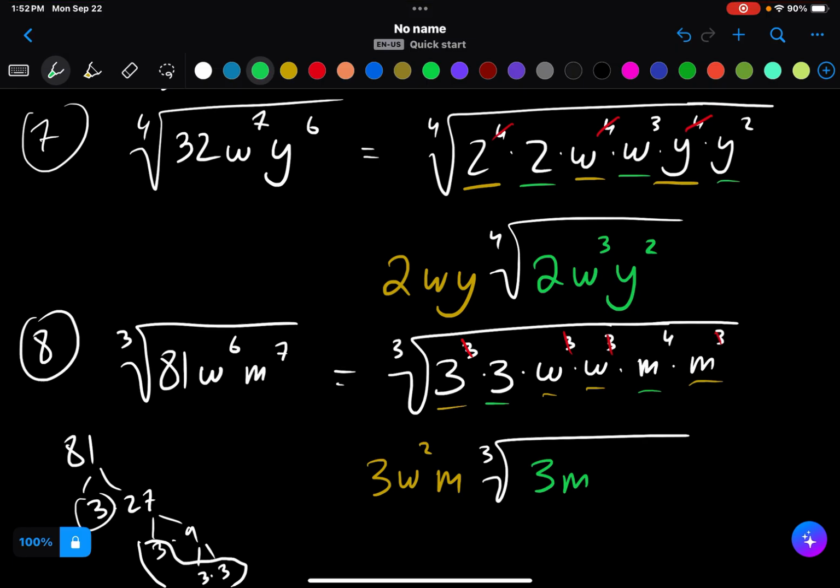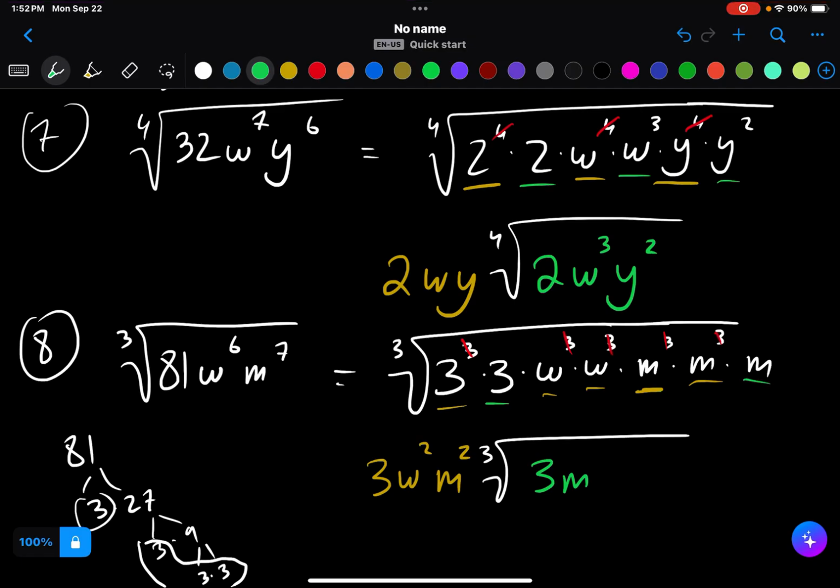Oh, I'm sorry. I made a mistake. I don't have to split it this way. I can actually split the m to the 4 into another 3 and another m. The 4 can be split into a 3 and a 1, which means this goes, and I now have 2 m's that can take off, which means it's going to be m to the 2nd power, and just 1 m stays behind.